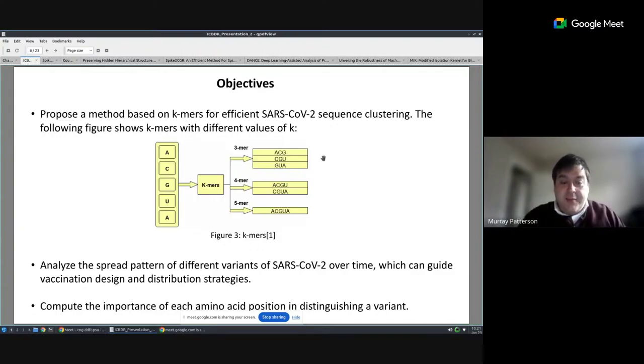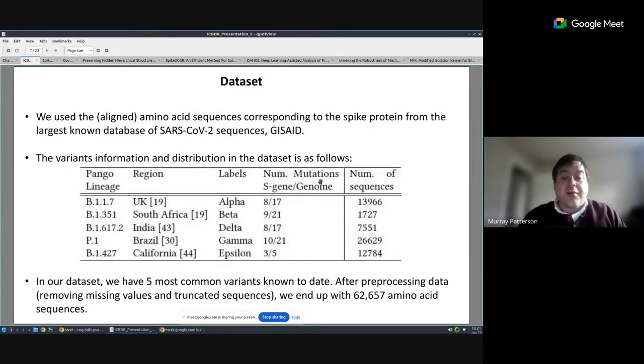So if we had this sequence, for example, you can build this representation by just sliding a window over the sequence. The first 3-mer is ACG, the next 3-mer is CGU, and the third 3-mer is GUA. There would be two 4-mers and one 5-mer, right? So this is sort of the idea.